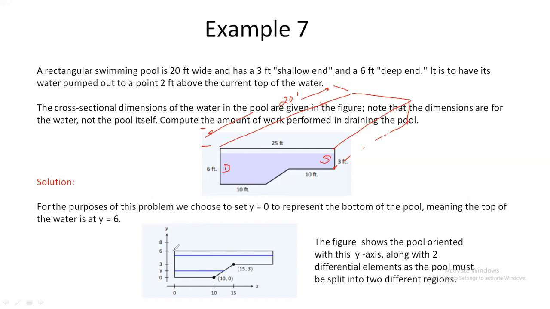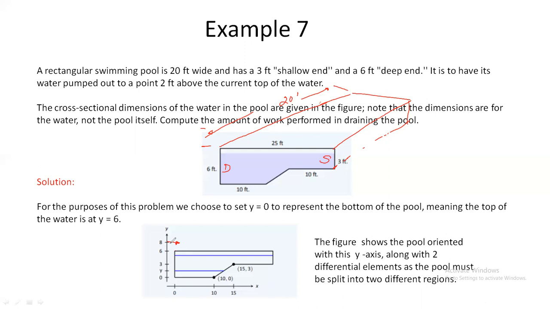And you could see that this is the top of the pool filled with water, and this is the point above where your water needs to be pumped out. So the pool will be emptied and the water is to be pumped out to a height of 2 feet above it.